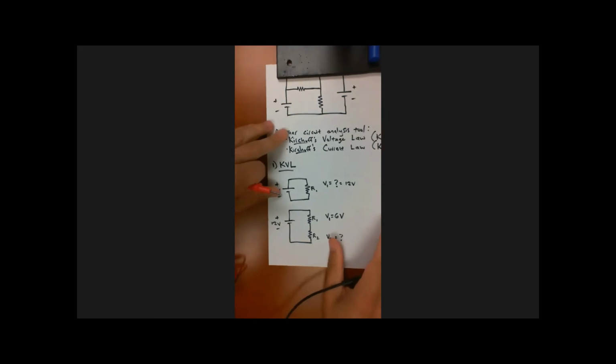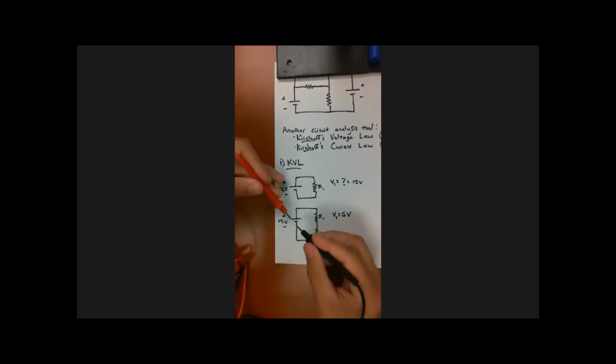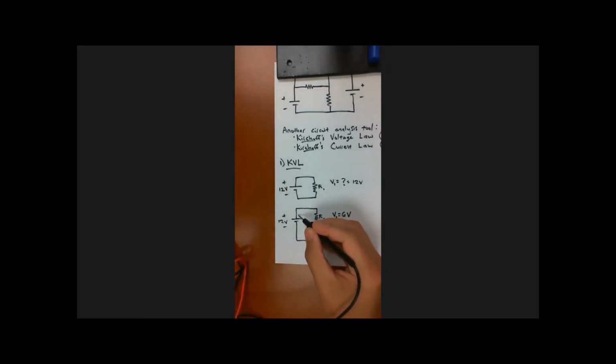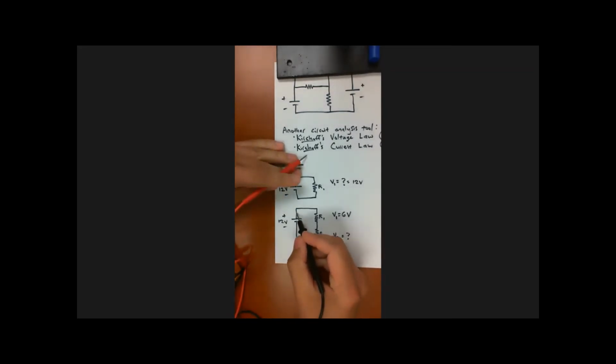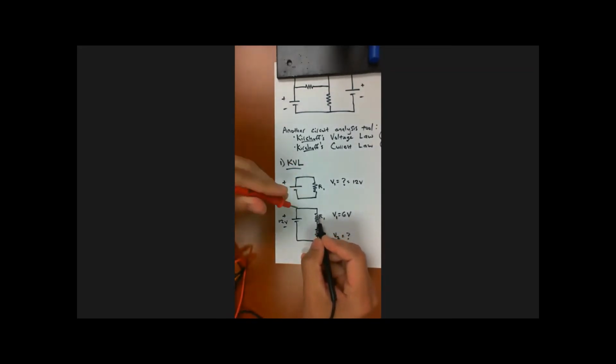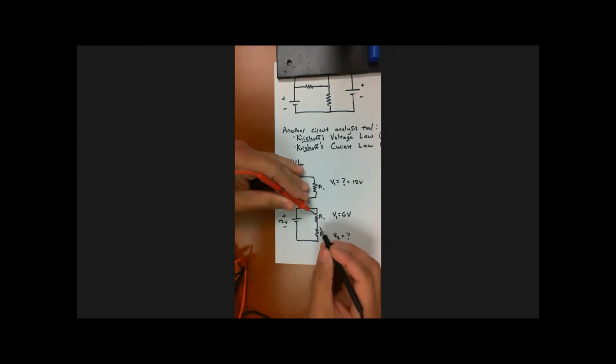What I'm saying is that in this circuit, when I measure the voltage gain from the negative to the positive side of the battery, I get 12 volts. So we gain 12 volts from here to here. I know that we don't drop any voltage in the wires, and I know that we drop 6 volts from here to here.